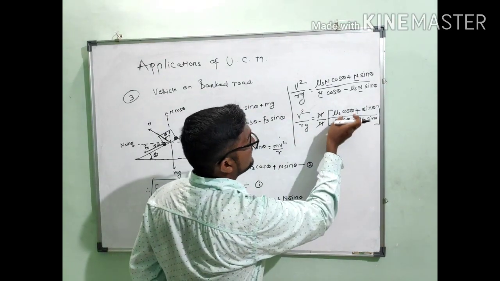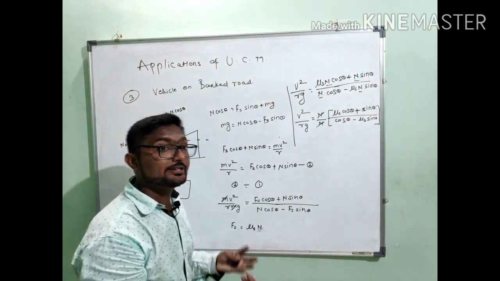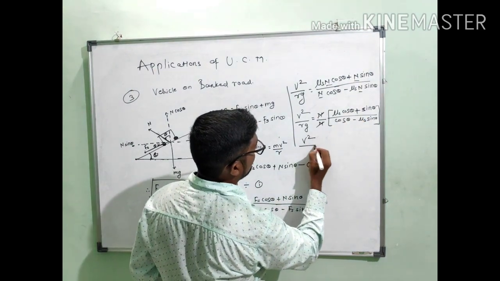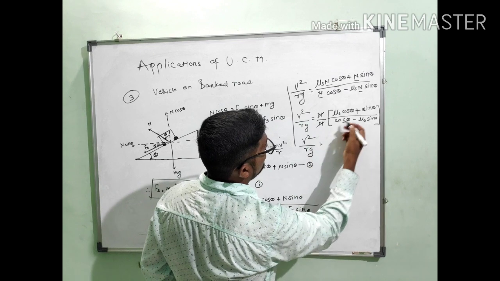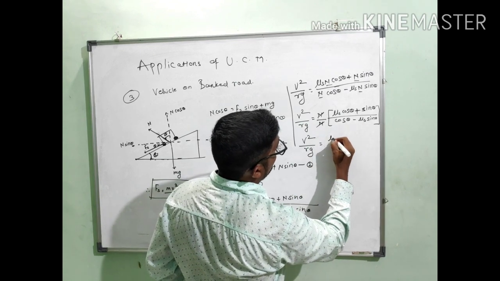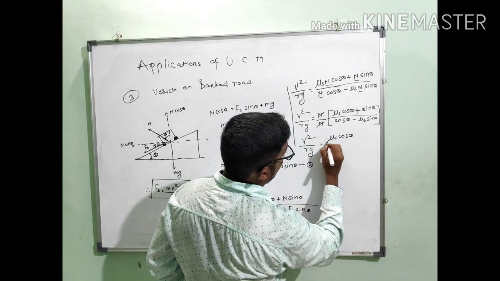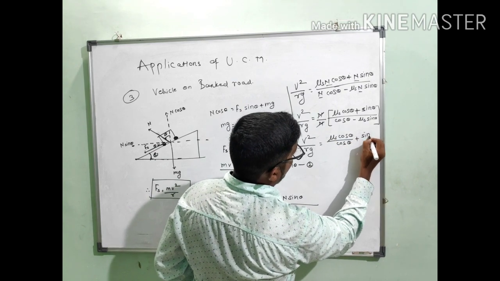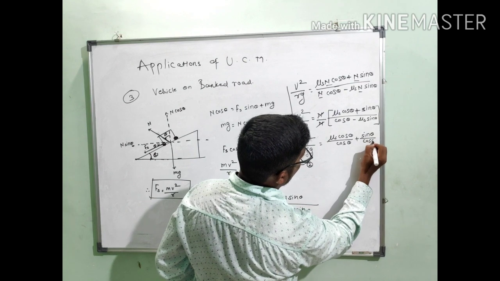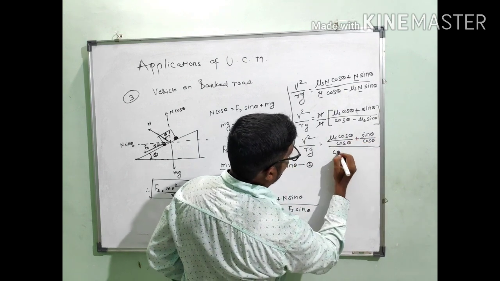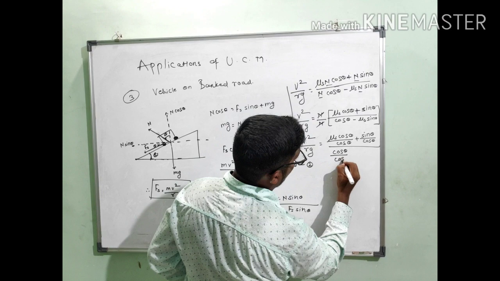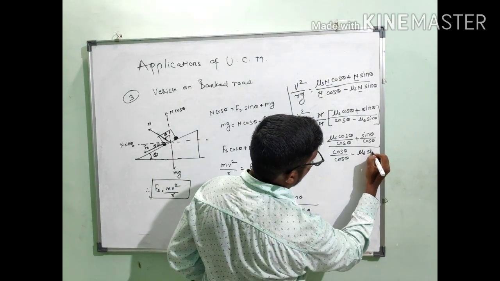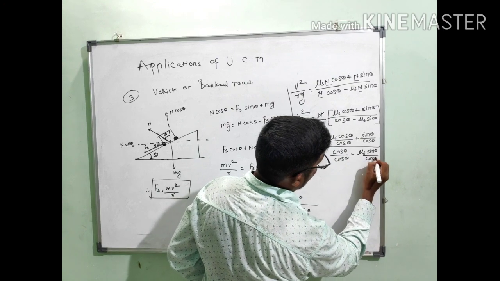Now divide these equations up and down by cos theta. So v square upon rg is equal to mu s cos theta divided by cos theta plus sin theta upon cos theta, upon cos theta minus mu s sin theta upon cos theta.